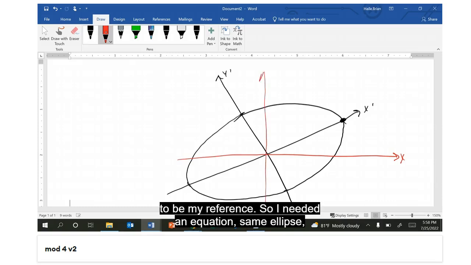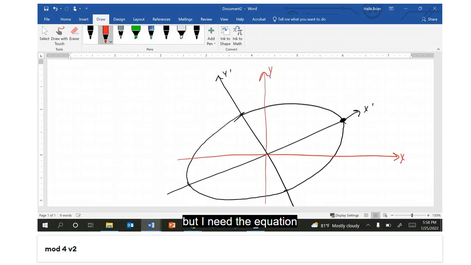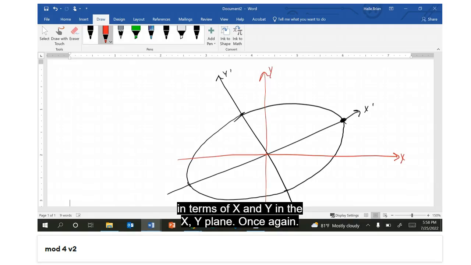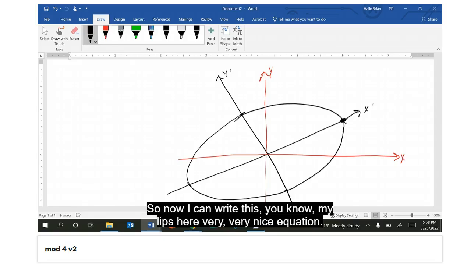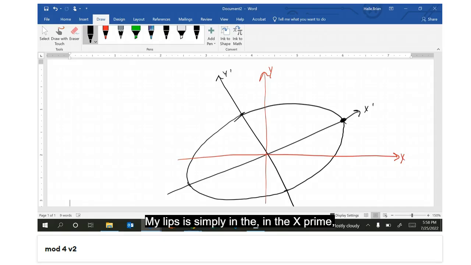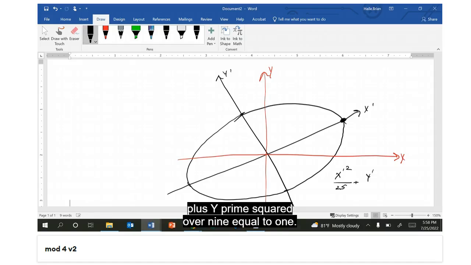So I need an equation, same ellipse, but I need the equation in terms of x and y in the xy plane. Once again, my ellipse here, very nice equation. My ellipse in the x prime y prime is x prime squared over 25 plus y prime squared over 9 equal to 1.